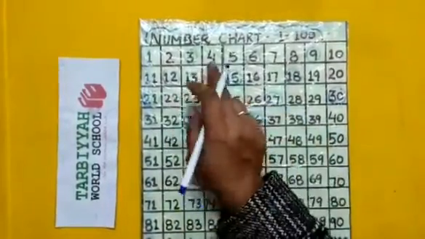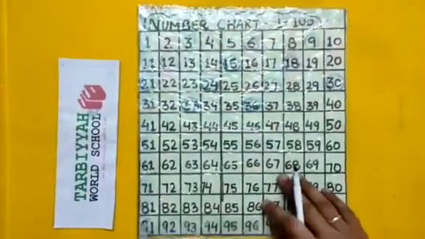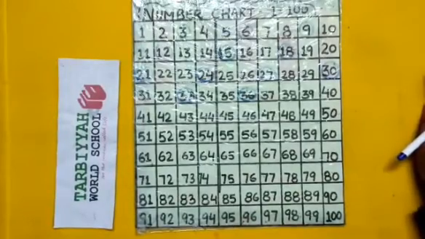Now can you see we are leaving 2 numbers in skip counting of 3? Like this we find out our answers for skip counting of 3.